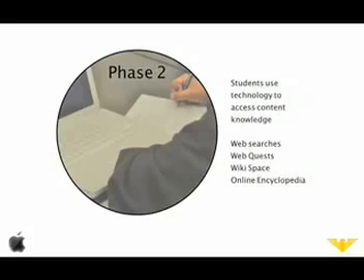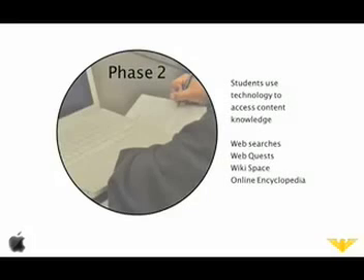In phase 2, typically what happens is that textbooks are replaced with electronic forms of information. So in other words, students are using technology to access content knowledge. In many cases, the lesson is very traditional. Sometimes the outcome can be a traditional paper and pencil type of an outcome, such as a research paper or worksheet.